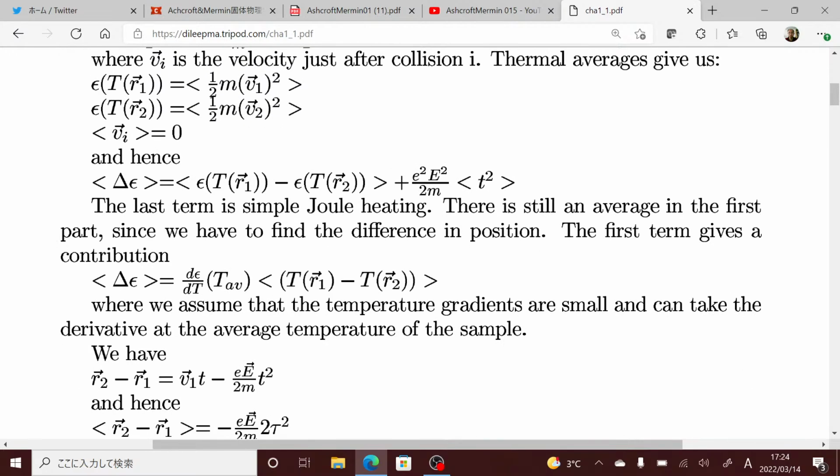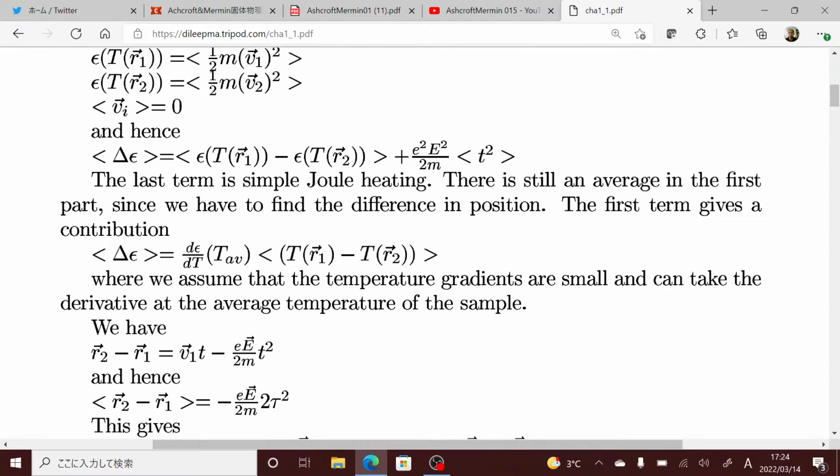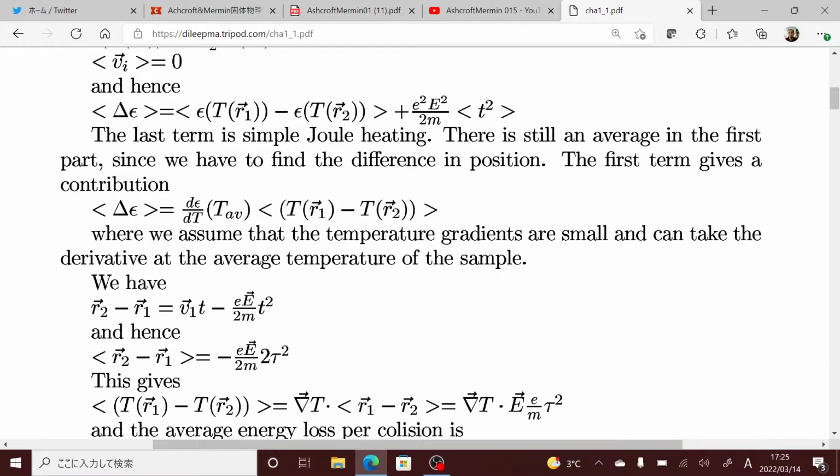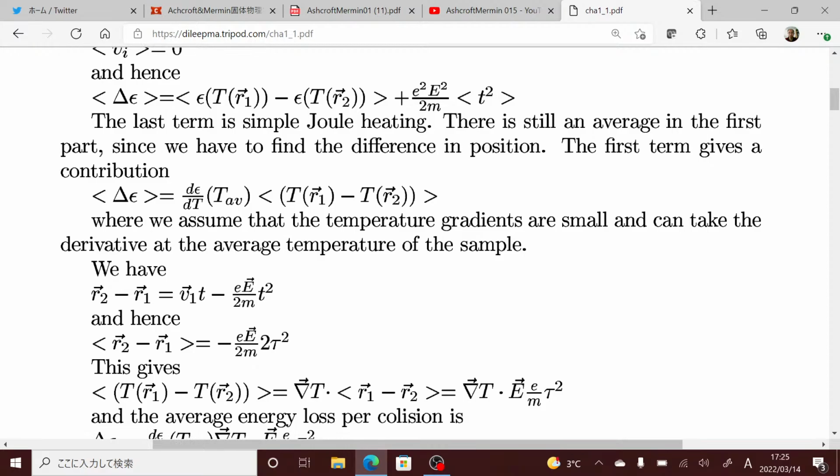Delta epsilon average is d epsilon over dT times T average, where we assume that the temperature gradients are small and can take the derivative at the average temperature of the sample.